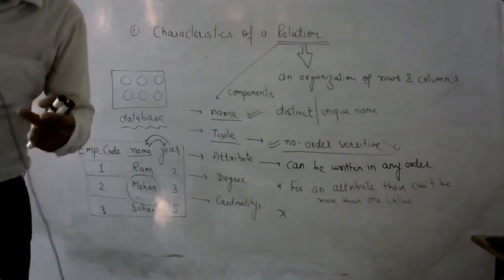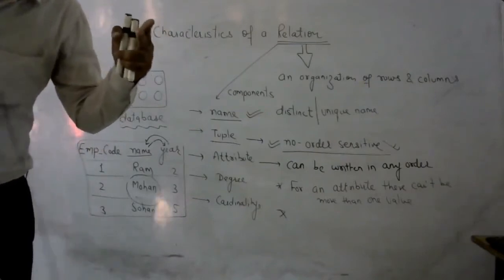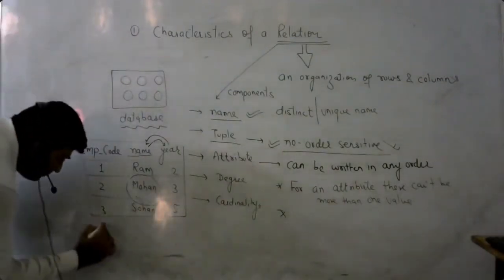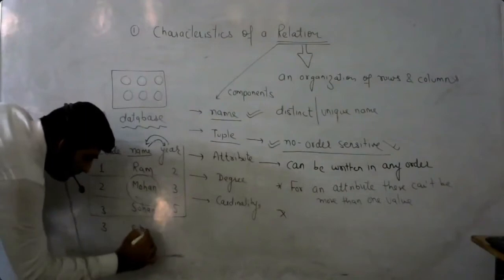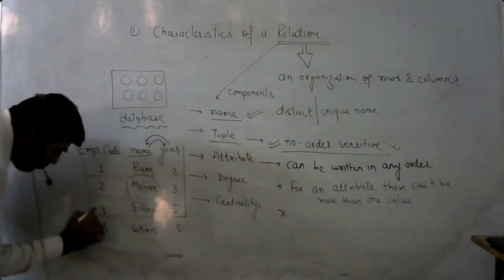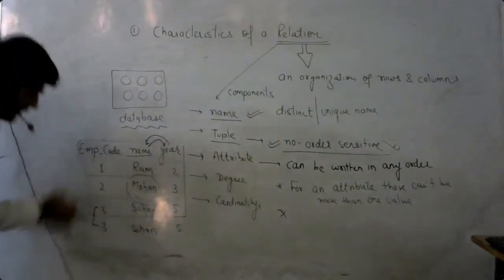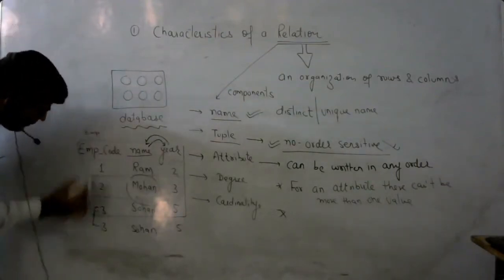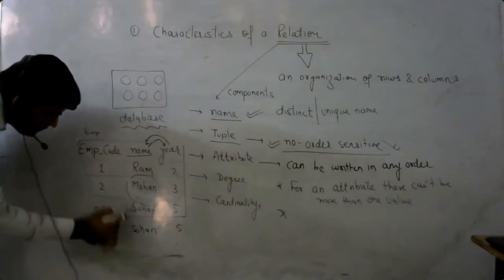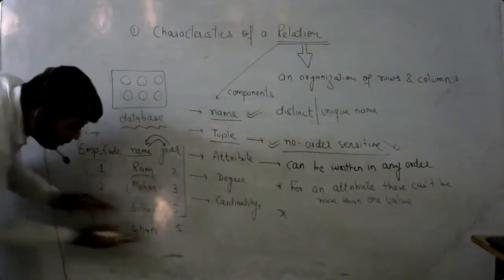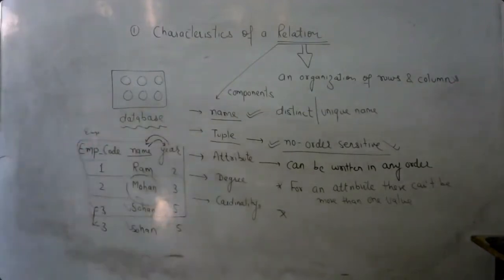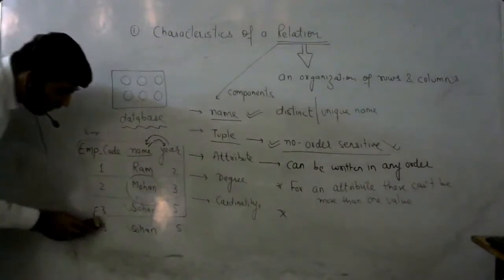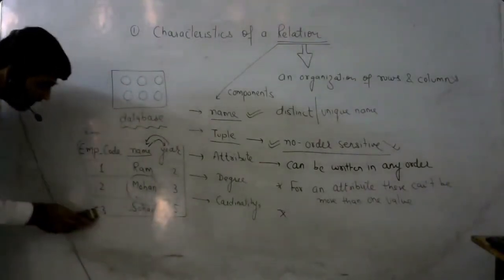It means in a relation, no two tuples can have the exact same values, like this: 3, 1, 5. Here what we can see for this relation employee, this particular EMP code 3 appears 2 times, and all values of these two tuples are the same. So it is not possible for a relation to have two tuples having the same value.